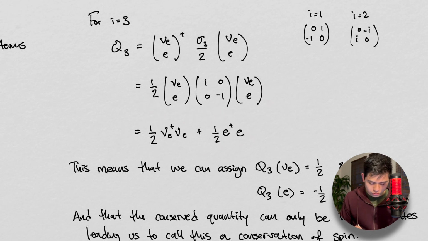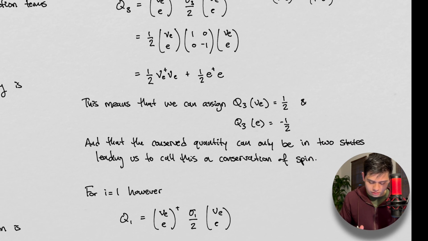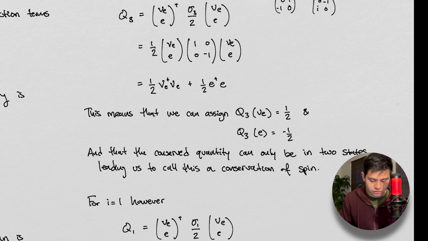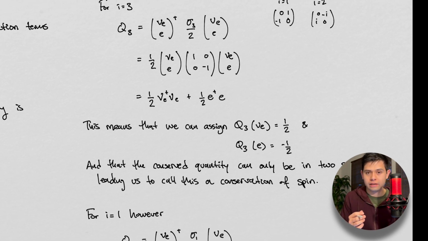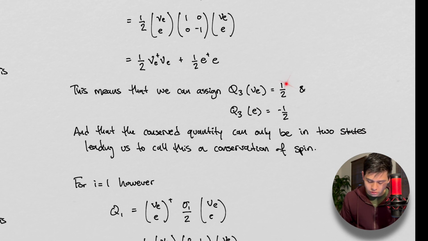Okay, so this means that we can assign 2 eigenvalues to this transformation, right? The idea again is that we have an SU2 transformation of the Lagrangian. Okay, well, if it's a transformation, there's got to be eigenvalues to that transformation. The eigenvalues are right here, okay?